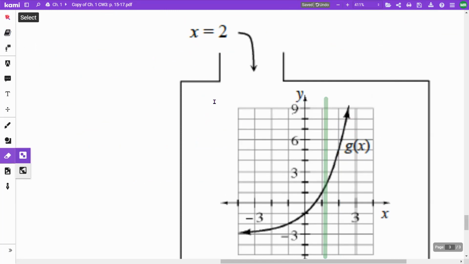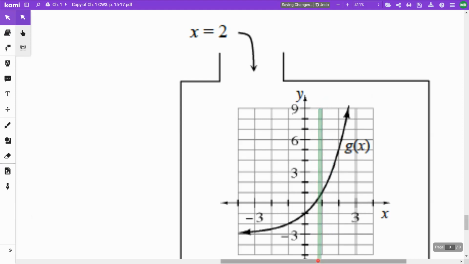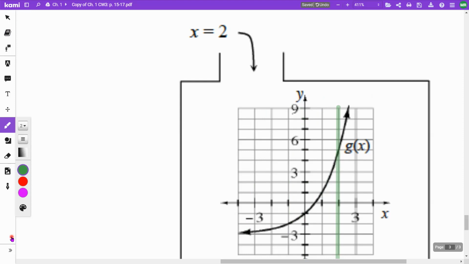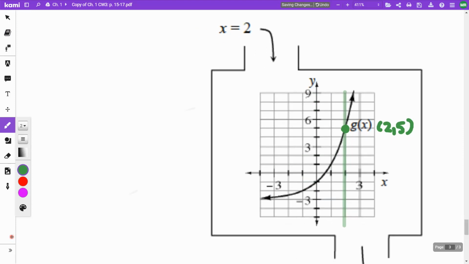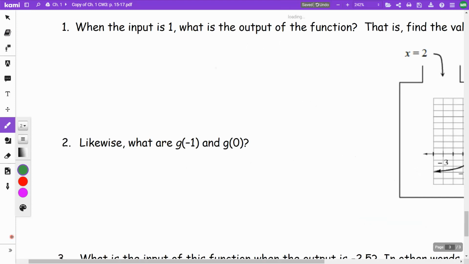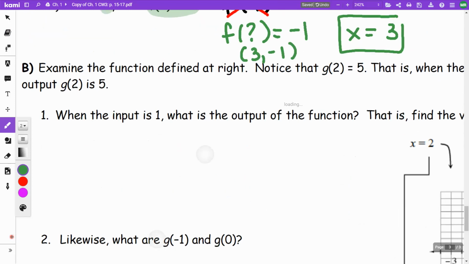Okay, so if I am trying to figure out what my y is when my x is 2, I'm going to where my x is 2. And where does that hit the graph? Well, it hits right here at 5. So that point there is going to be 2, 5. So that was how they got g of 2 is 5.